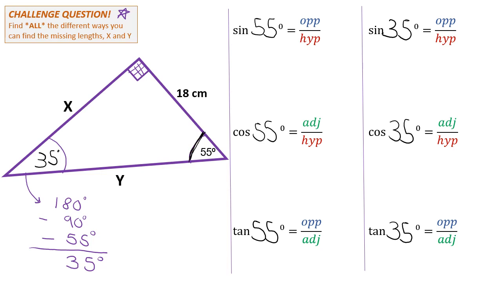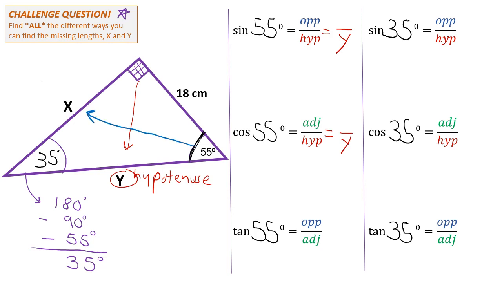So the hypotenuse is still the hypotenuse across from the 90 degrees. Well, that's y. So anywhere where I see that, I'm going to plug in y. Across, opposite of that 55 is going to be its opposite side of x. So let me fill in x. And finally, for the last one, the side adjacent to 55 is going to be that 18.